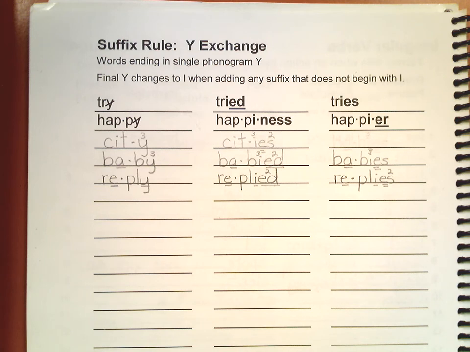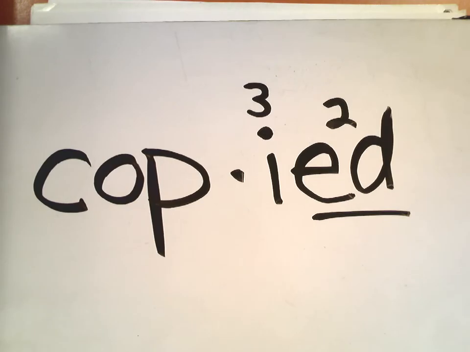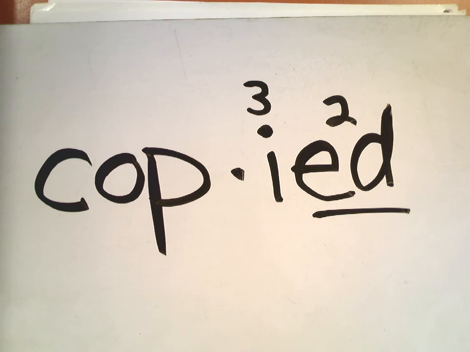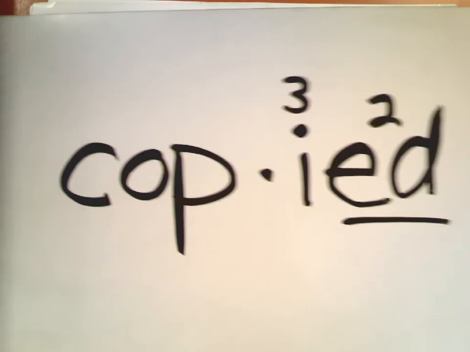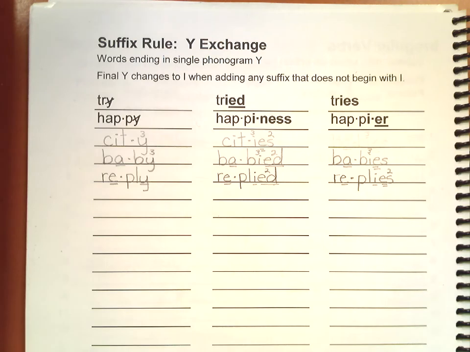Make sure we do our Y exchange. Then go ahead and mark your word. If you're not finished yet, pause the video. I'm about to show it. All right, copied. See, we traded our Y for an I, and then we just stuck on that suffix. All right, so make sure yours looks like this, complete with all the markings, syllable break, everything.